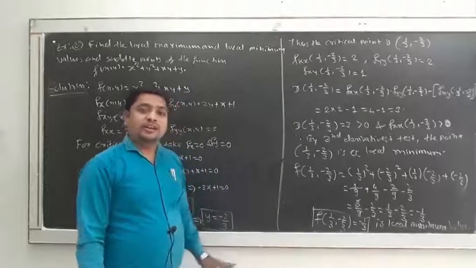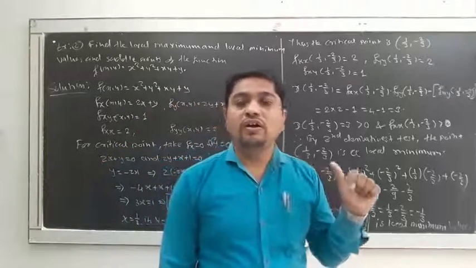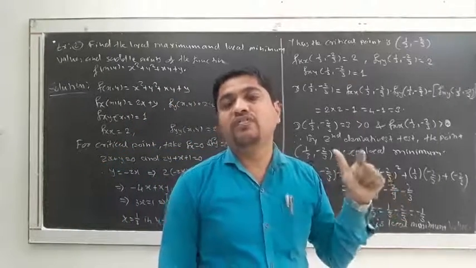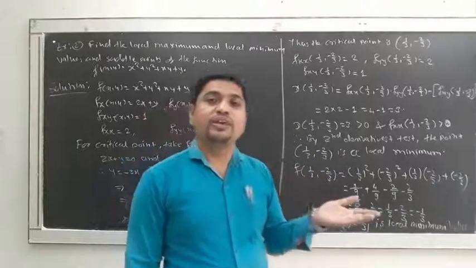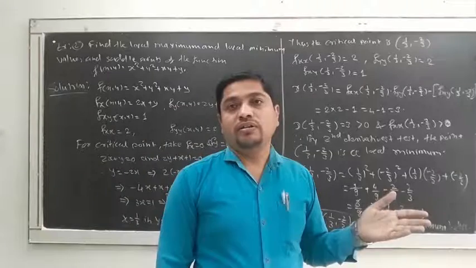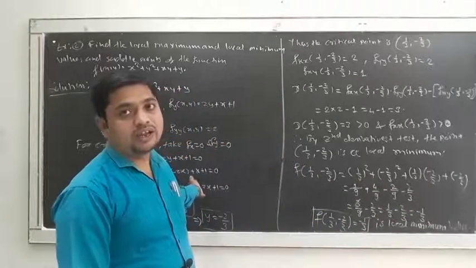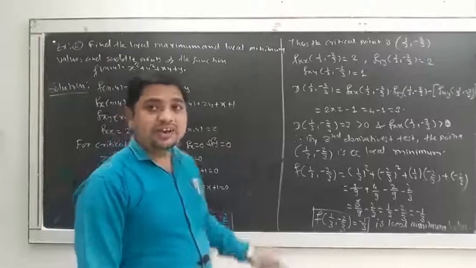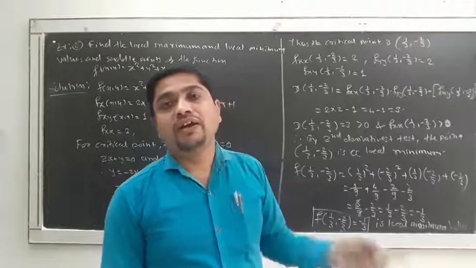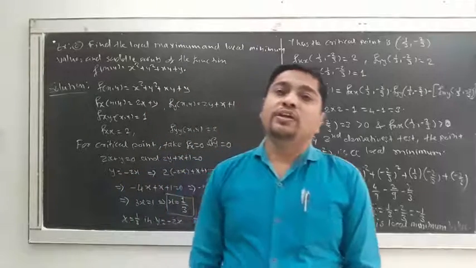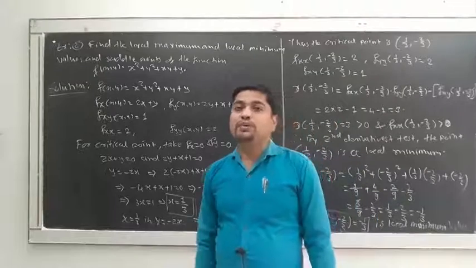So it depends on how the question is asked, whether it is for 1 mark, 3 marks or 4 marks. If the marks are more, then the problem may be longer. Finding critical points can be asked for 1 mark, and finding local maximum and local minimum can be asked for 5 marks. So it is a very important problem.